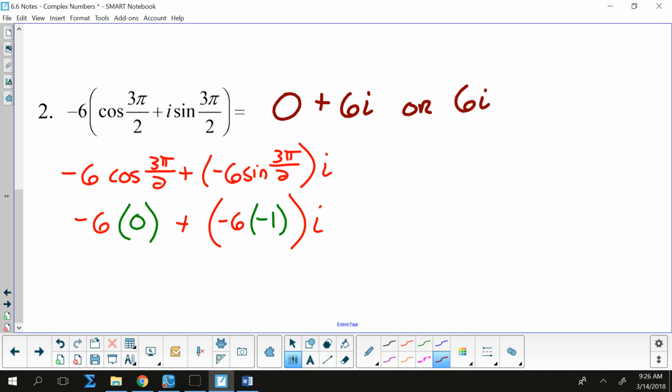Now, if you think about this, on the complex coordinates, or the real and imaginary axes, the complex coordinates, a's and b's, where is 6i? Straight up 6, right? Okay.